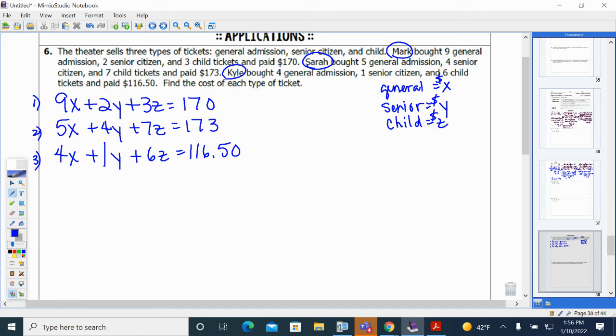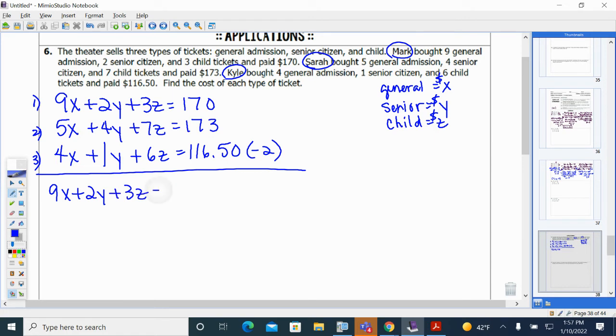Let's take equation number 1 and equation number 3. I'm going to multiply equation number 3 by a -2. So taking equation number 1, and equation number 3, multiplying by -2, 4x times -2 is -8x, minus 2y, minus 12z equals 116.50 times -2 will be -233.